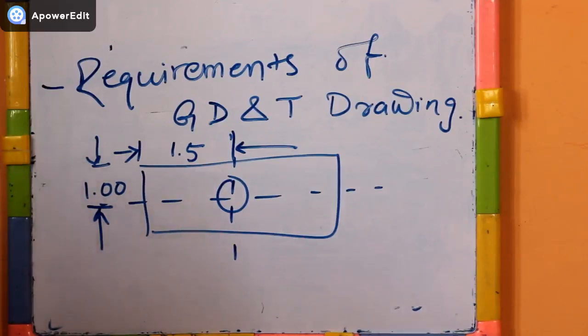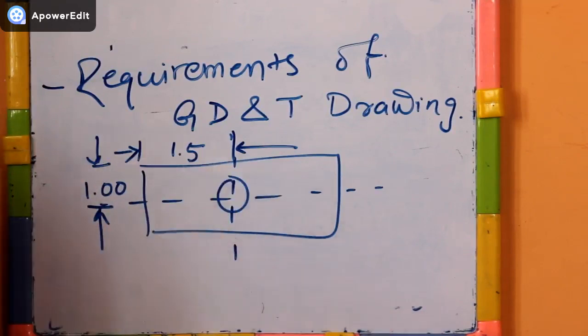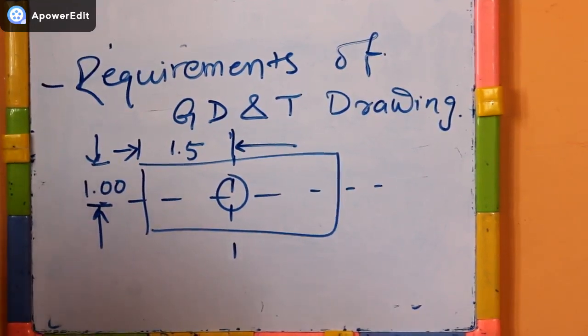So this much information has been provided on this component. Now what is the missing information that is required to produce a hole at this particular place with these dimensions? There are many components that go into the geometric dimensioning and tolerancing drawing. Here we have the example on the board.